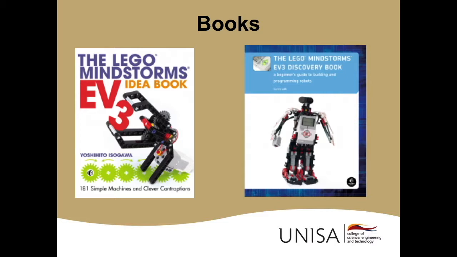The LEGO Mindstorms EV3 Idea Book has zillions of contraptions, simple machines and attachments and gear mechanisms for the EV3 robot. And then there's the LEGO Mindstorms EV3 Discovery Book, and it is definitely worthwhile looking into both of them if you have them available.